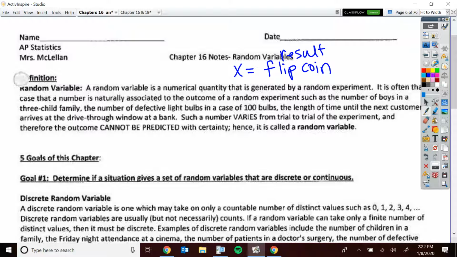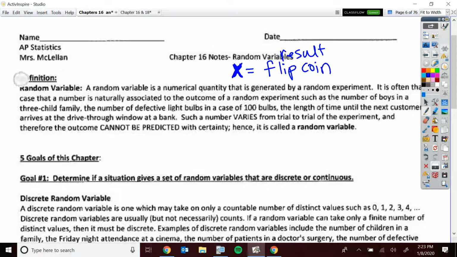Do you know what's going to happen on the next flip? No, you do not. It is random, okay? And it is a variable because I can be talking about the result on the next flip of a coin, or the result on the next deck of cards. It's going to vary from trial to trial, and it is random where I can't predict it. Now, we know based on the law of large numbers that in the long run, it's going to settle down.